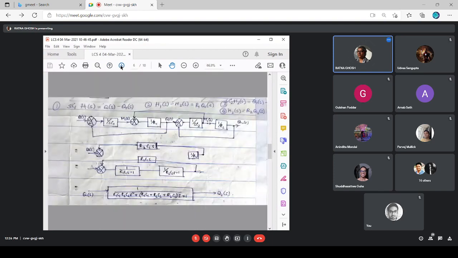Now, instead of doing that, I could actually have shifted this one here also. But then I would still need one more operation, because this is a summer and this is a branch off. And if I shifted this one also here, this would again be another summer and another branch off.